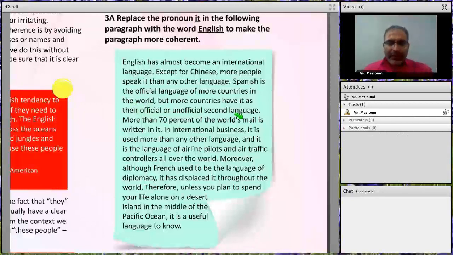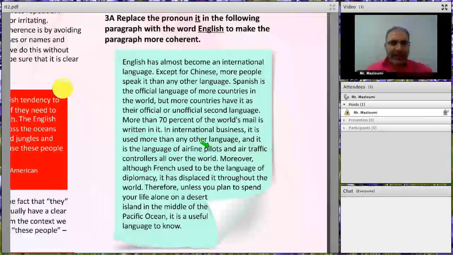Well, mail, buddies, here means email. So mail means email. Well, you know, airplane pilots, we have air traffic controllers.